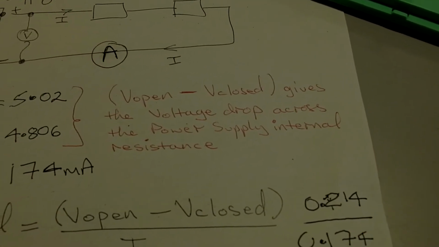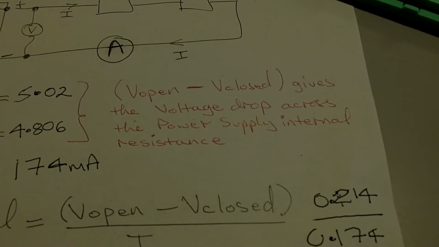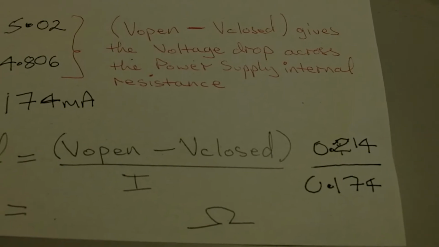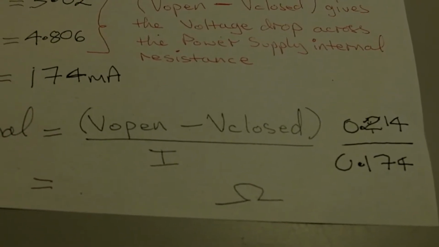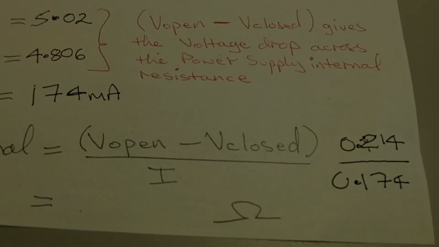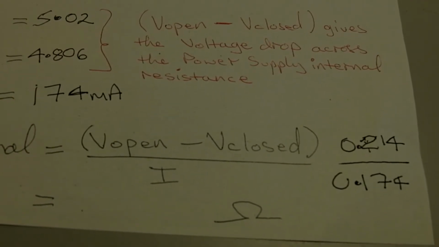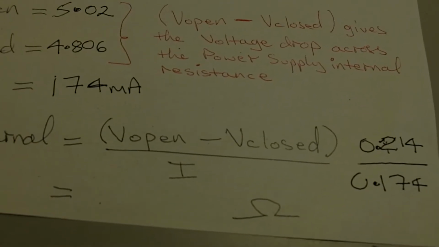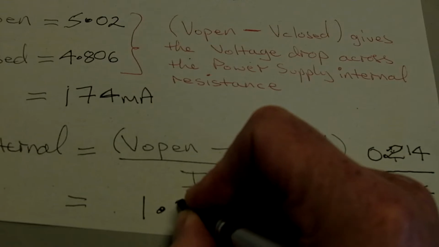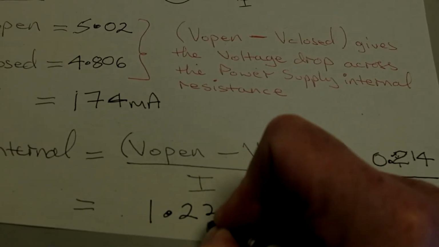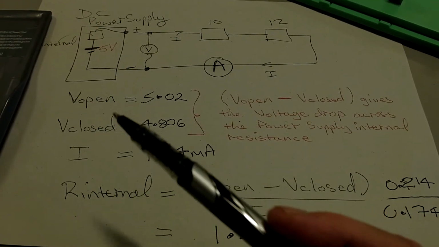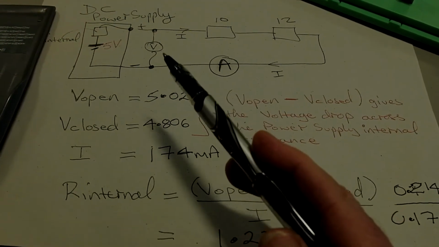So we take 0.214 voltage difference divided by 0.174 amps, which gives us an internal resistance of 1.23 ohms.